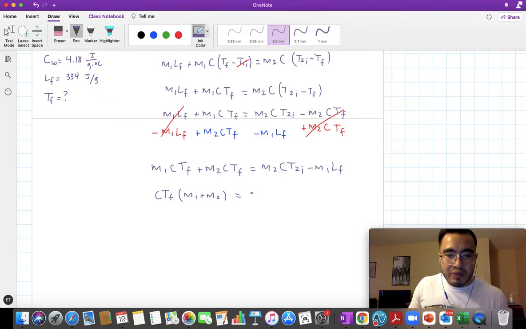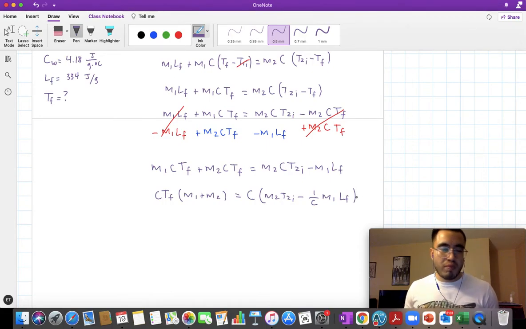So if I write C and then parentheses, I'll have mass 2 temperature 2 initial. Since I don't have anything here, I'll do minus 1 over specific heat times mass 1 times latent heat of fusion.